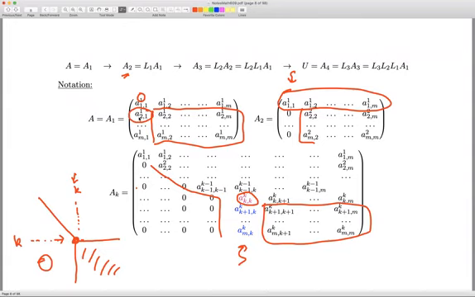We assume that A11 superscript 1 is different from 0, and therefore we can multiply. In order to make this term 0, we have to multiply the first row by a number such that when we add it to this row, we make this term 0.